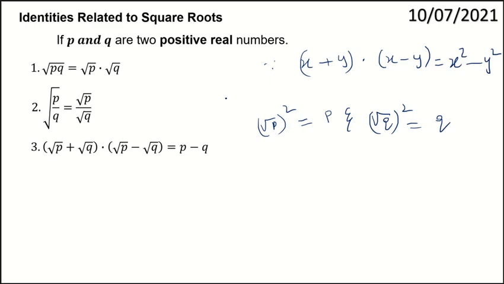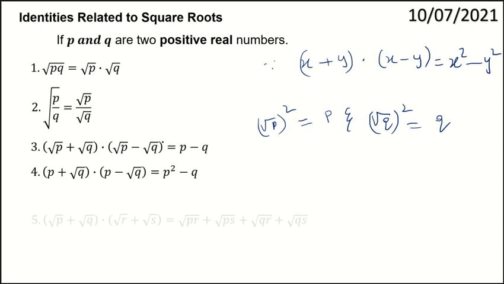Now moving on to a similar one where x is p but y is root q. So p plus root q into p minus root q is p square minus root q whole square. Instead of root q whole square, q comes.